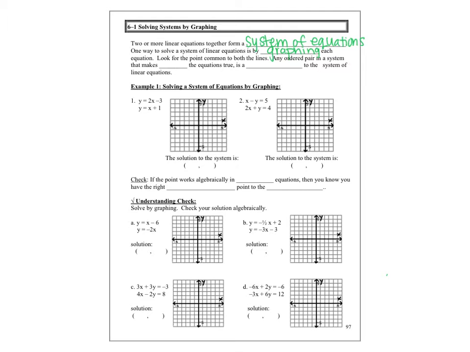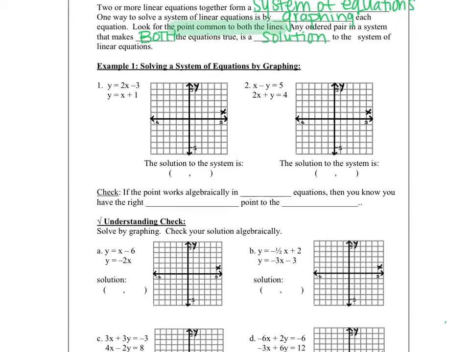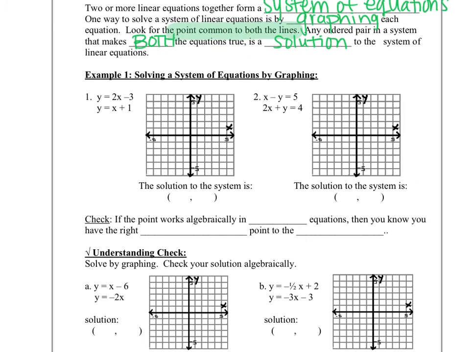The answer to a system of equations is going to be the point that they have in common on both lines. So any ordered pair that makes both equations true is the solution to a system of equations. You can test all these points back in, and it has to make both equations true in order to work.